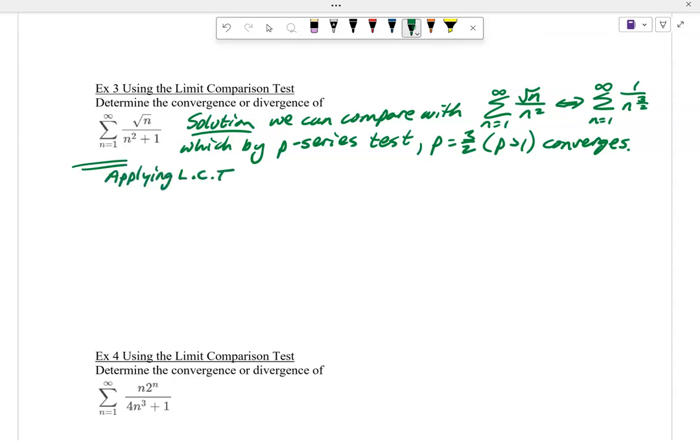So now we can apply the limit comparison test, which yields the limit as n goes to infinity of a sub n over b sub n. So I get the limit of our original over the one we're comparing it to, which is 1 over n to the 3 halves.